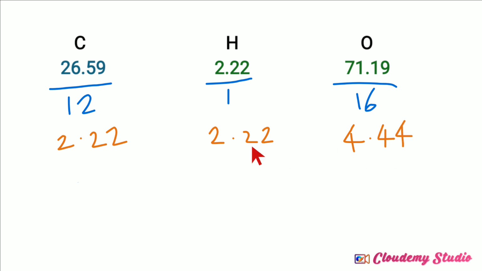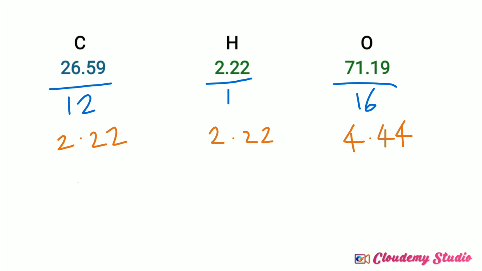Now if we check the moles of atoms, the least value is 2.22. So using the least value, we need to divide all the values by this least value.